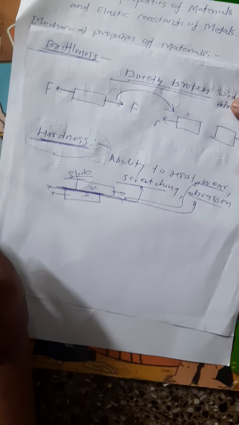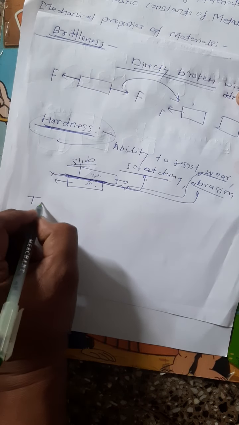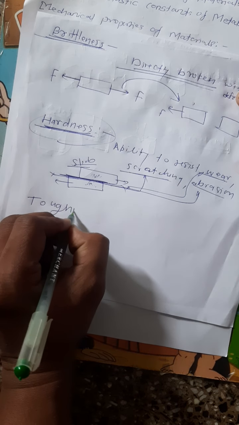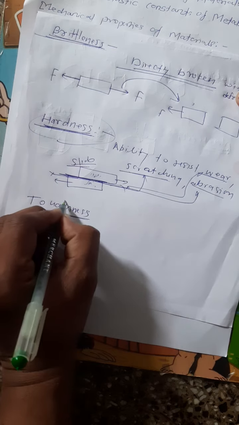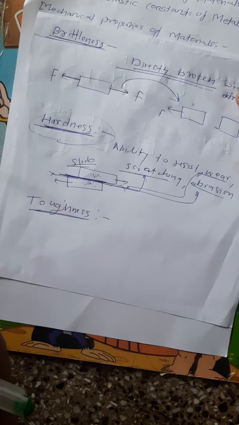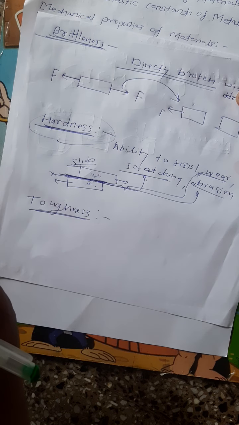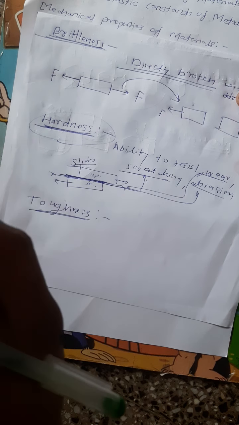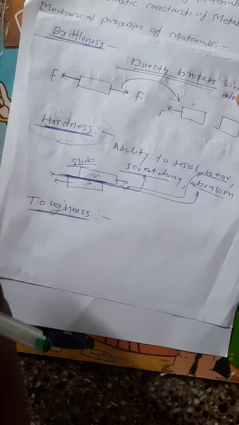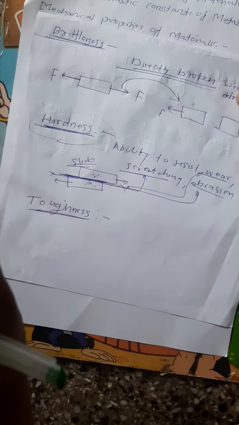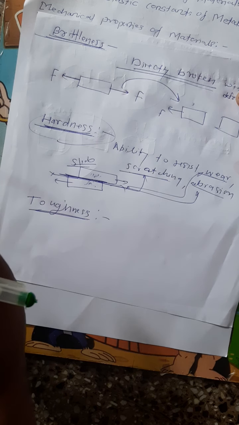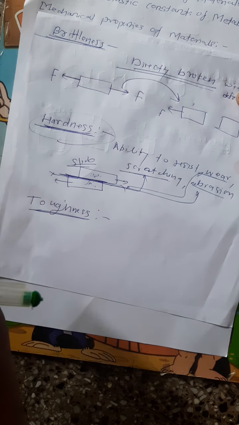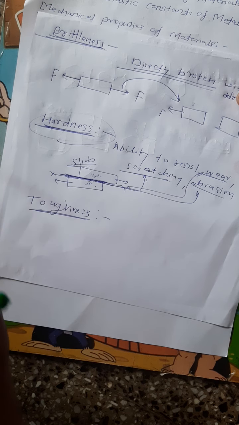My dear students, our next property is toughness. Toughness is again a mechanical property, and it is also very important as far as machine design and element design are concerned. So what does it mean?